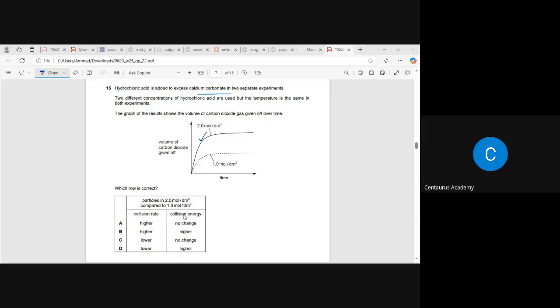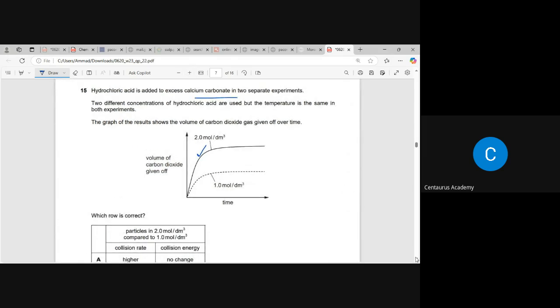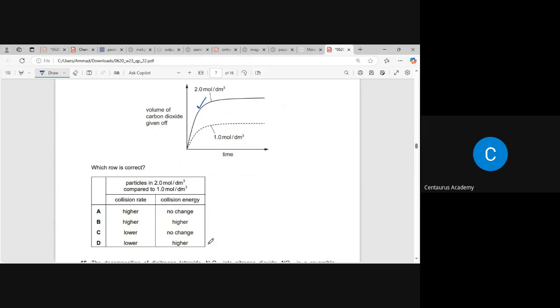Higher. And what about the collision energy? Is it going to be higher or is there going to be no change? No change. Very good. Why is there no change? Because the temperature is still the same. So at a higher concentration, there are more particles having the same collision energy, but their rate of collision is now higher.